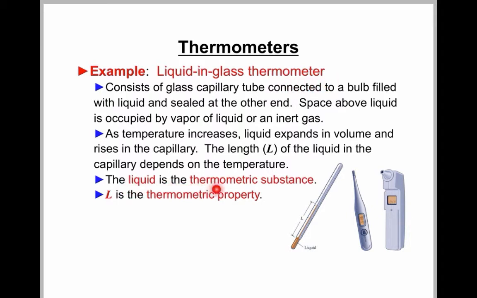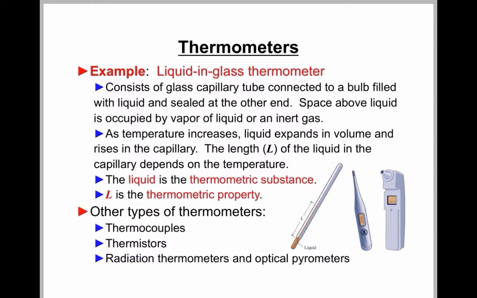The liquid as the thermodynamic substance and the length as it does go ahead and expand along a narrow channel as the thermodynamic property. You know, thermocouples, there is a change in electrical voltage associated with temperature. Thermistors, there is a change in resistance as a function of temperature.